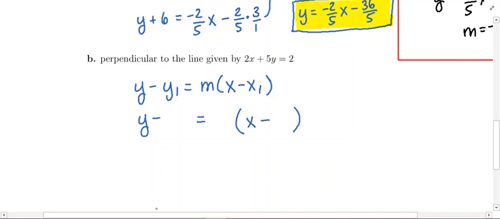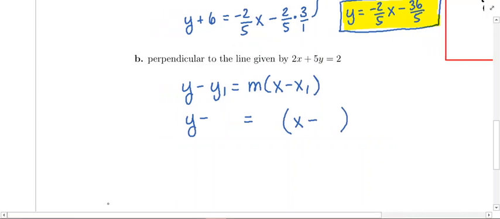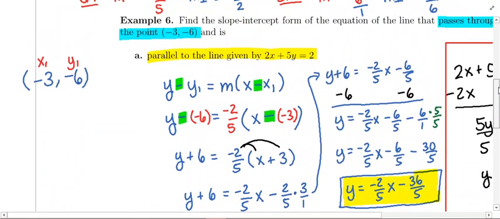Okay. So once again, when we plug into this, we need two things. What is the slope of this line we're looking for? And then also, what's the point on the line that we're looking for? What's the x1, y1? Well, that's the easy part, just like before. We are told that the line we're looking for goes through -3, -6.